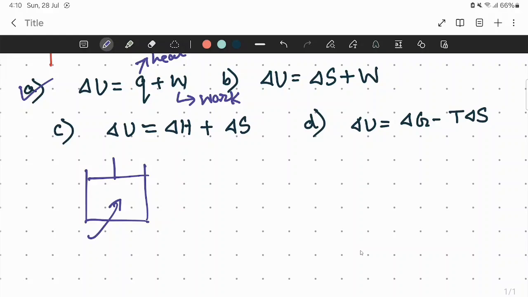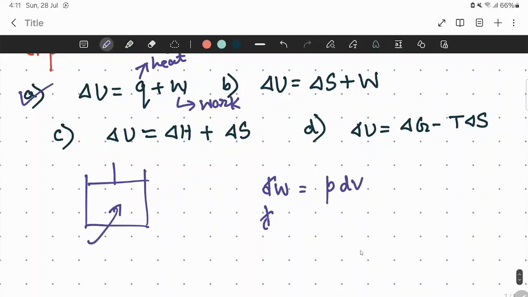Otherwise the overall theory will be the same. The W in physics is pdV, or d cross W, but in chemistry d cross W will be minus pdV. After putting in the pdV, the form will be similar. But due to the convention, the form looks different, just plus W or minus W. That is the main difference, but that does not change the physics or phenomena. That will remain the same in both cases. The del sign.